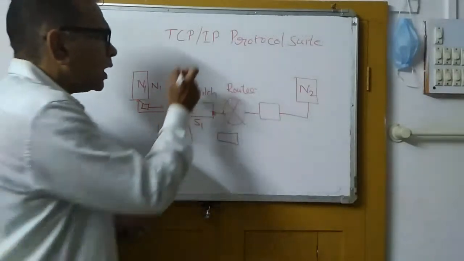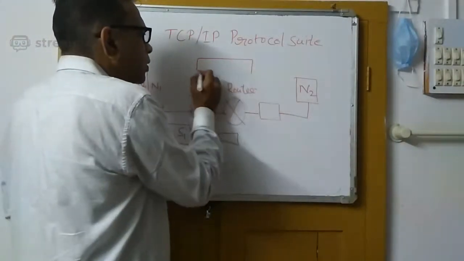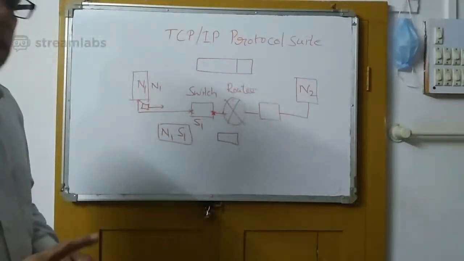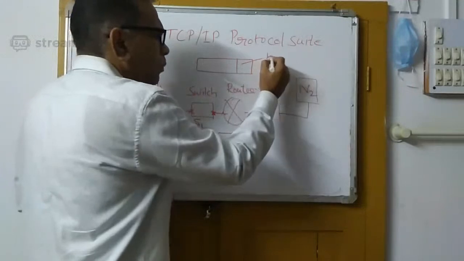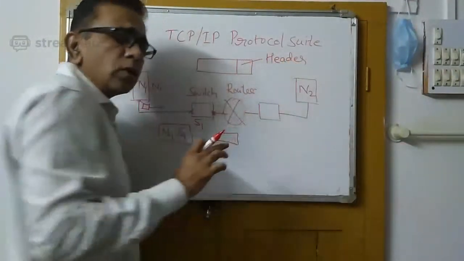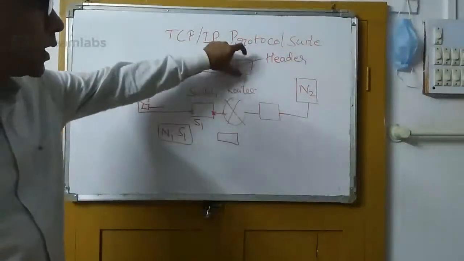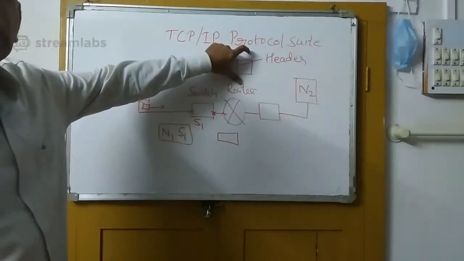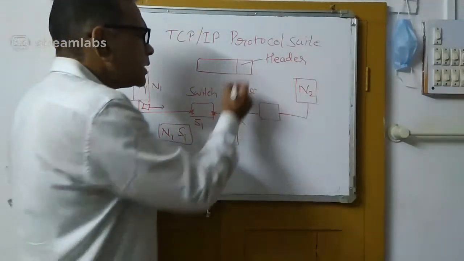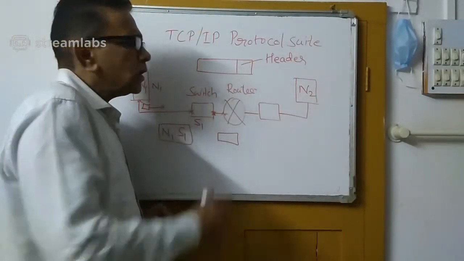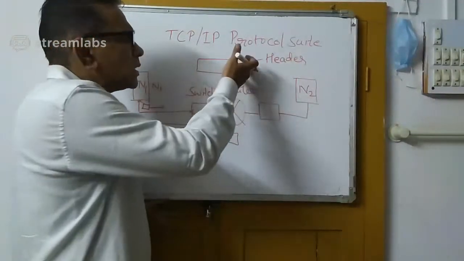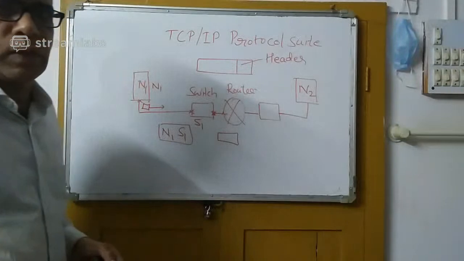In the last discussion, I also told you about the same. The frame contains two parts. The first part we call the header part, which contains control information. One piece of control information is these addresses, so the physical sender's and receiver's addresses are part of this control information.